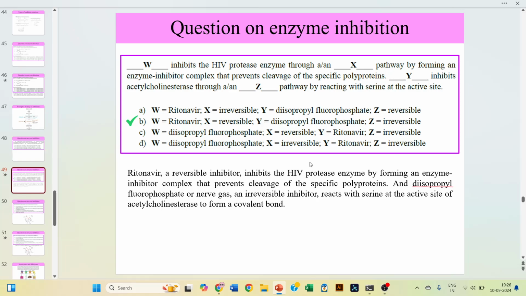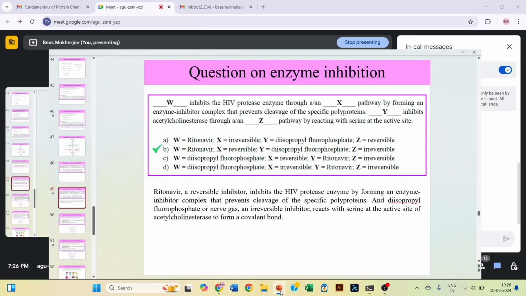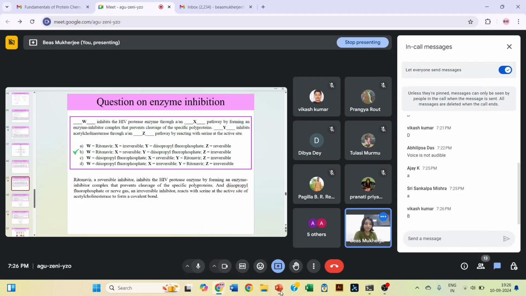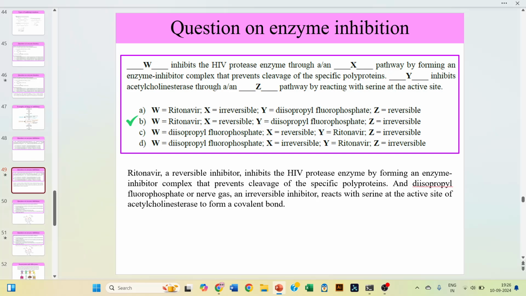And diisopropyl fluorophosphate or nerve gas is an irreversible inhibitor that reacts with serine at the active site of the acetylcholinesterase to form a covalent bond. So, read about this in Voet's biochemistry.